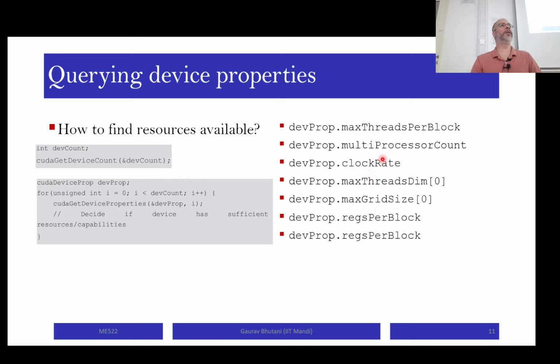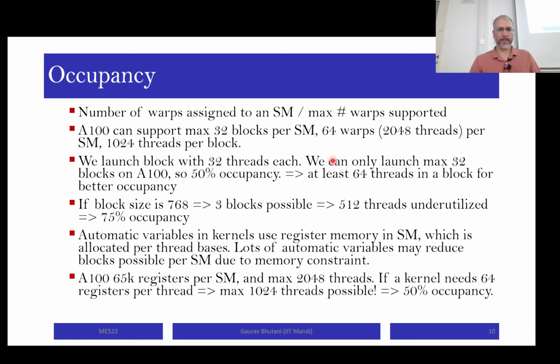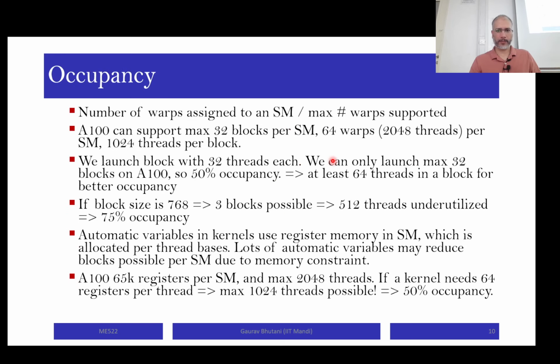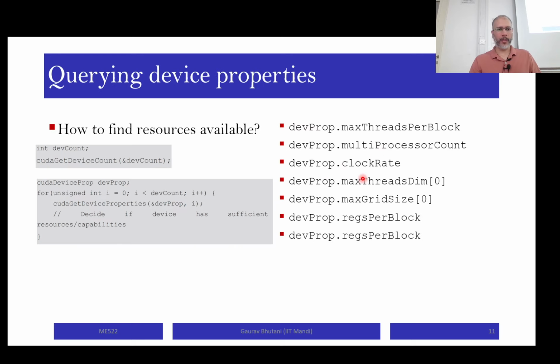Processor count is how many cores you have per given streaming multiprocessor. So, how many cores do you have in a given streaming multiprocessor? For example, A100 had 64, right. So, 64 cores are available for a given streaming multiprocessor.